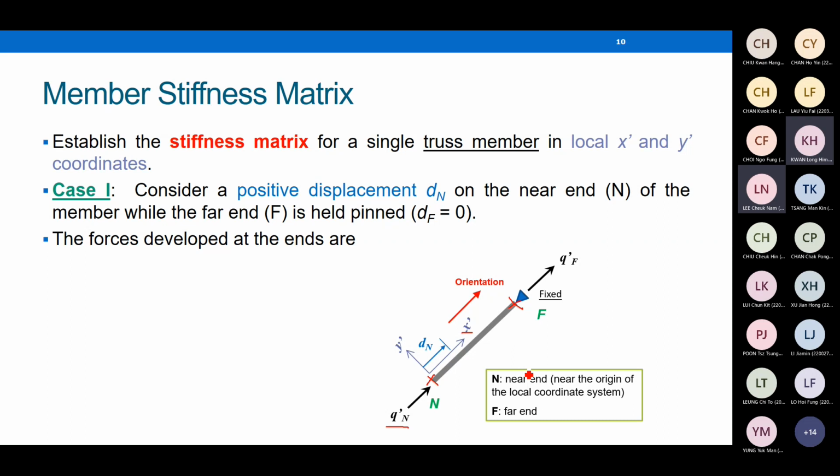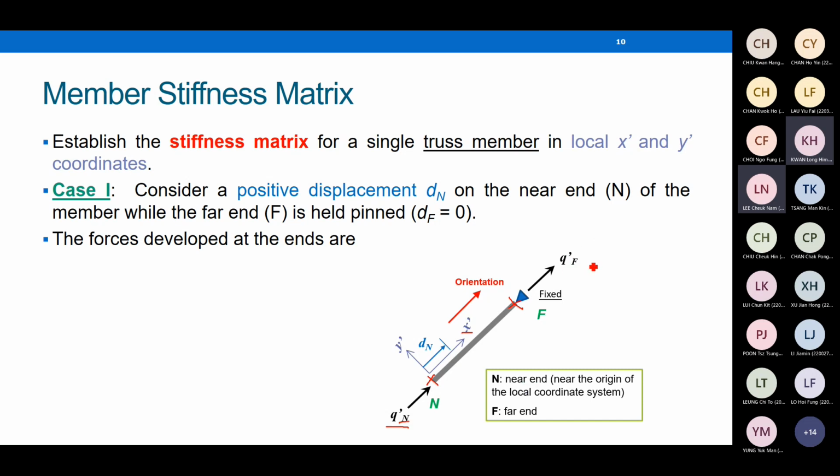Assume the forces point along the positive directions. During your calculations, if you find that the value is negative, then you can reverse the direction yourself. That's why we assume that Q prime N and Q prime F are pointing along x prime in the picture. Q means force, the prime means with respect to the local coordinate system, and N stands for the node. We have Q prime N and Q prime F.